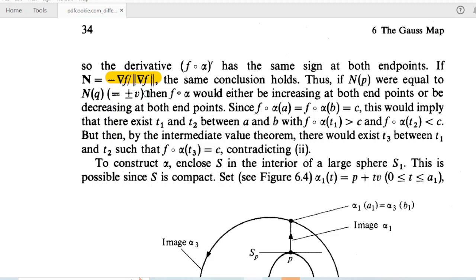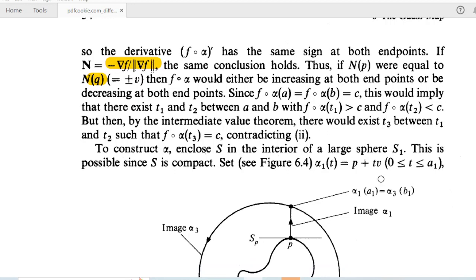Thus if n of p was equal to n of q, then f composition alpha would either be increasing at both endpoints or be decreasing at both endpoints.